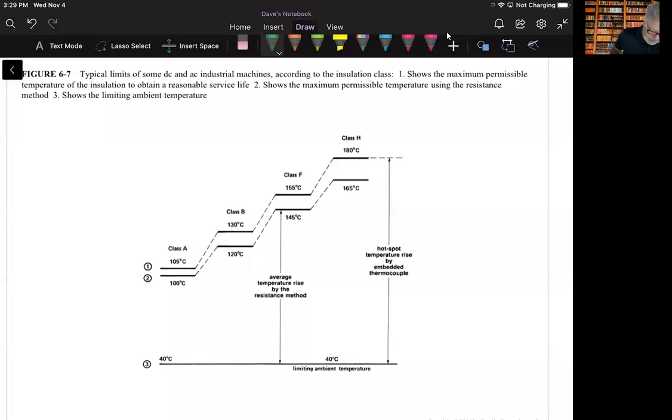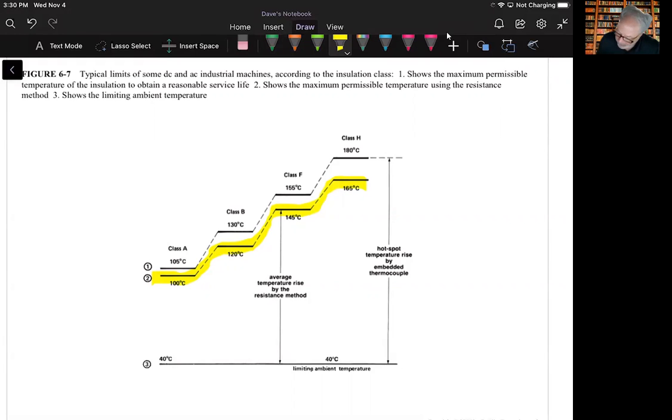This curve 2 travels up in this direction, and instead of the hot spot, this is an average temperature rise of the windings. As you can see across the different classes, it's a little bit less than the hot spot. But again, think about it being an average, so that makes sense.